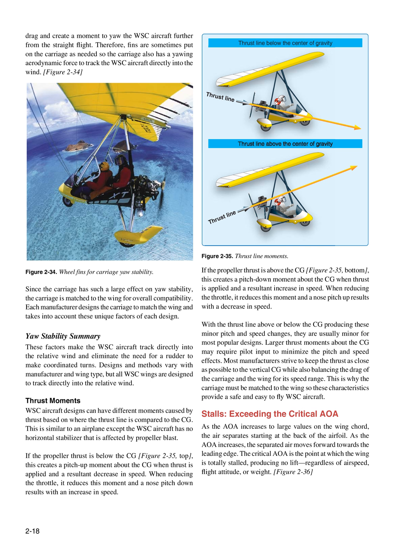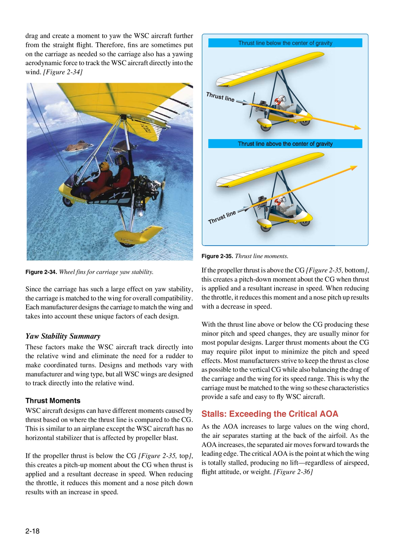Thrust moments. WSC aircraft designs can have different moments caused by thrust based on where the thrust line is compared to the CG. This is similar to an airplane, except the WSC aircraft has no horizontal stabilizer that is affected by propeller blast. If the propeller thrust is below the CG, figure 235, top, this creates a pitch-up moment about the CG when thrust is applied, and a resultant decrease in speed.